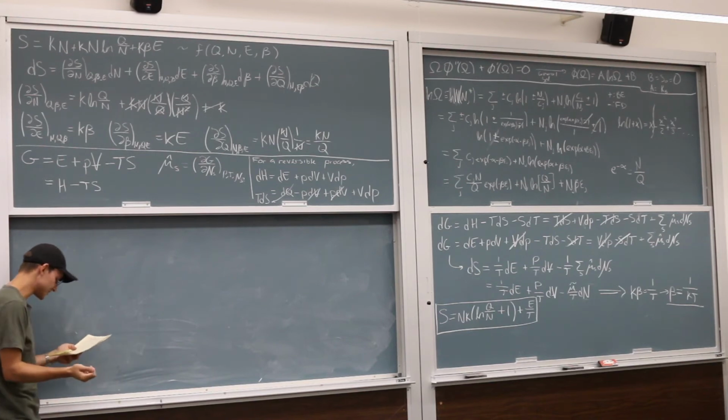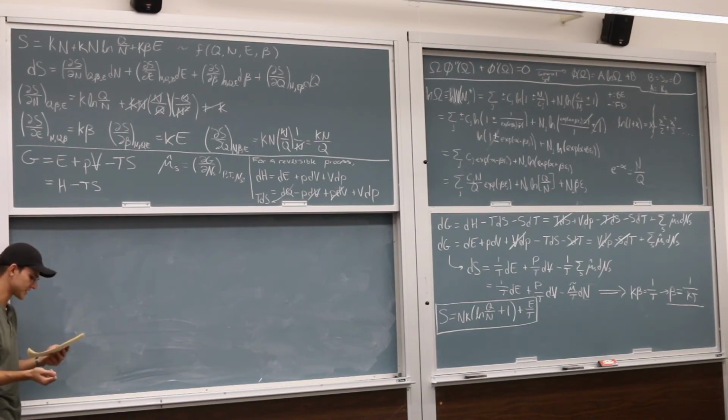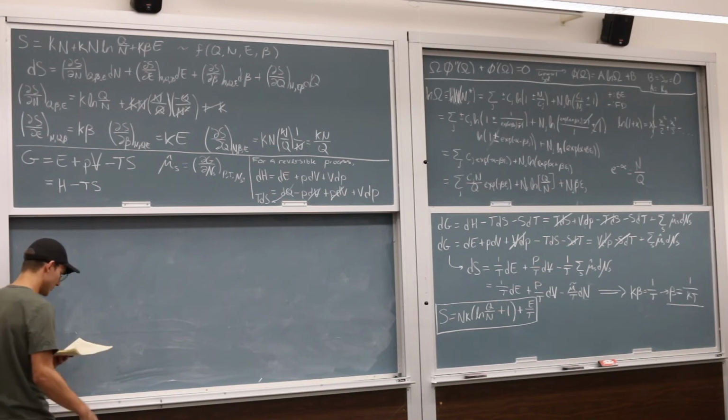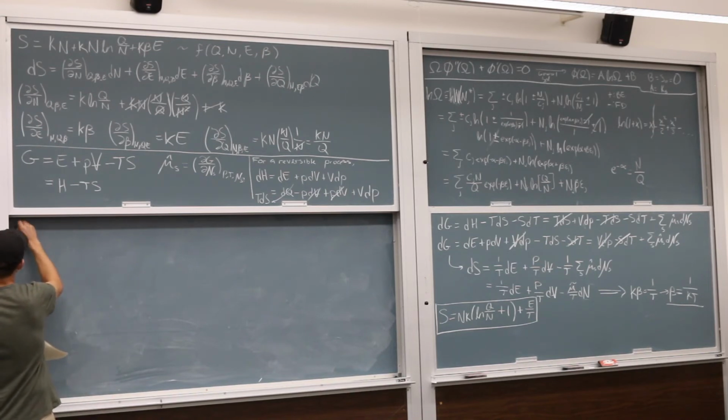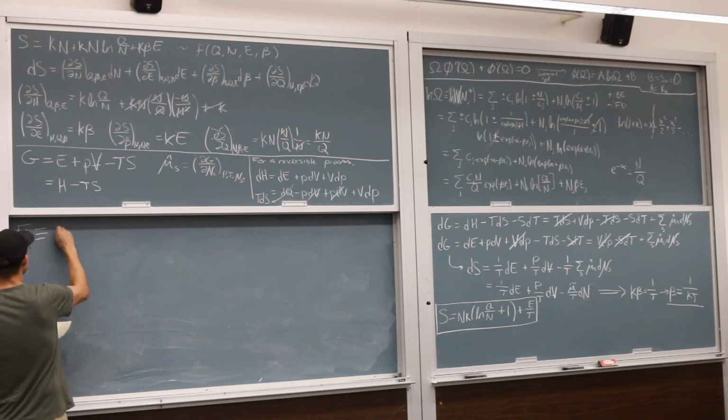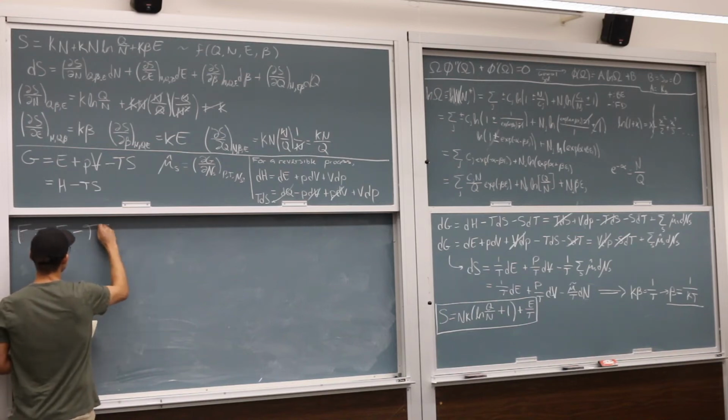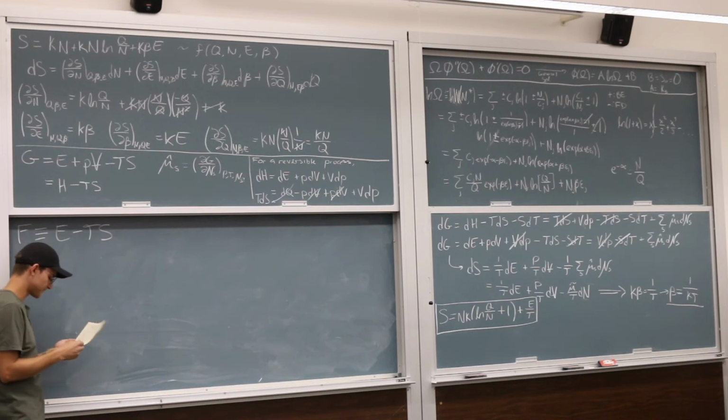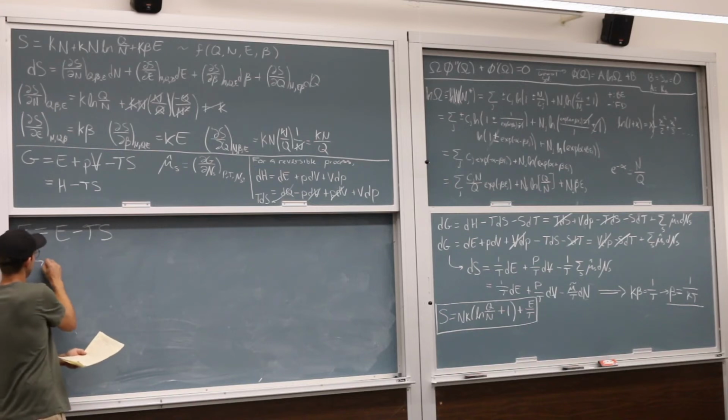Okay. So now we'll introduce another state variable. This is the Helmholtz free energy. It looks like this: F, and it's defined as the energy minus TS. Okay? So if we take the total differential of this, you get the following.